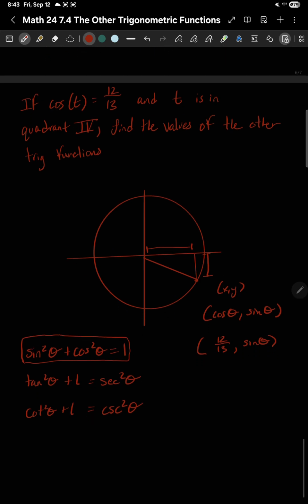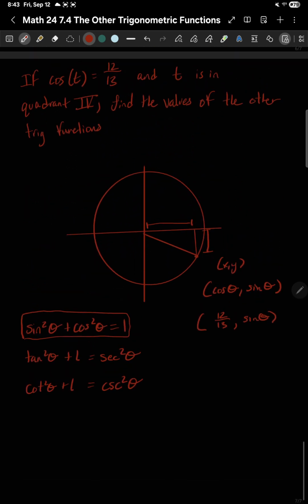By using this trig identity here, we have sine squared theta plus cosine squared theta equals 1. We don't know what sine is, but we already know cosine is equal to 12 over 13.